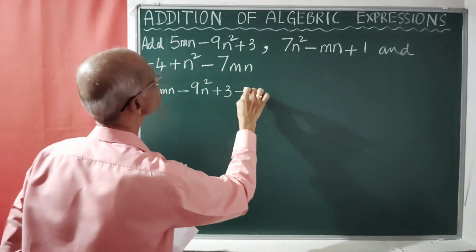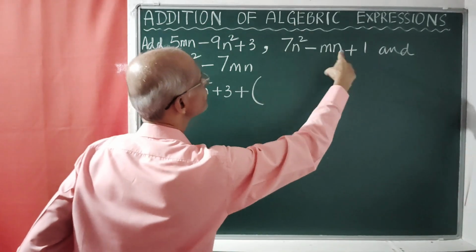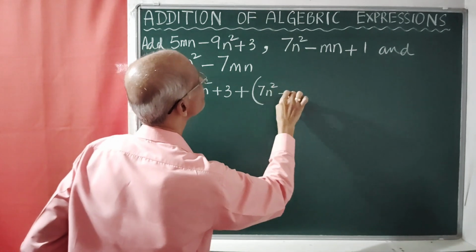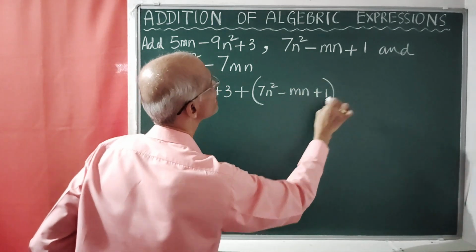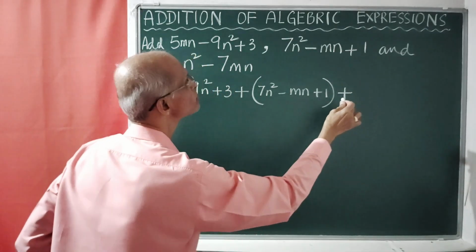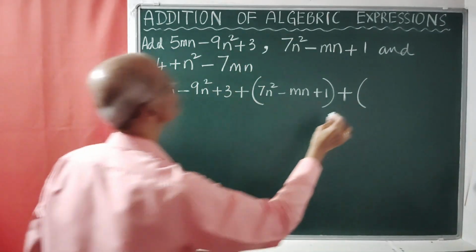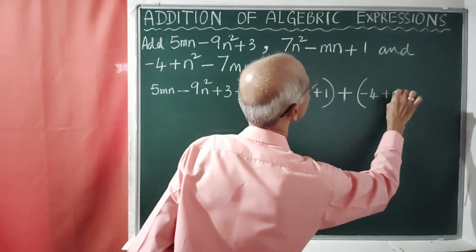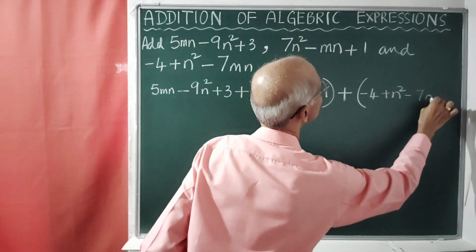Now put one plus, open a bracket, write this within the bracket. 7n square minus mn plus 1. Close the bracket. Again put one plus, open one more bracket, write the whole thing within the bracket. Minus 4 plus n square minus 7mn.